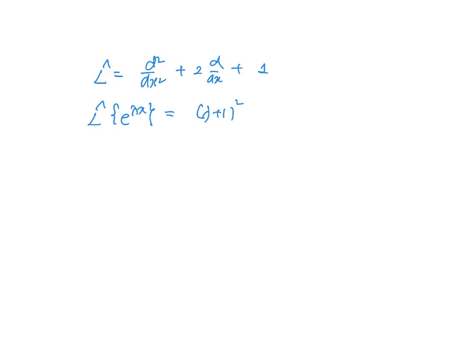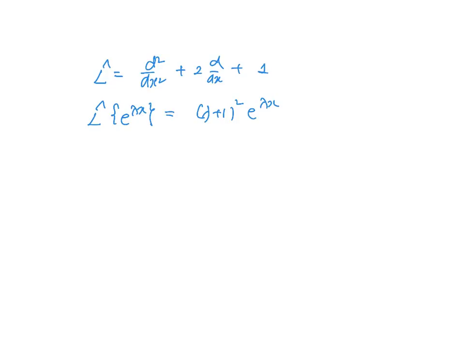Okay, so starting with d squared/dx squared plus 2 d/dx plus 1. So L applied to exponential lambda x is actually lambda plus 1 squared exponential lambda x, right? That's true, right?